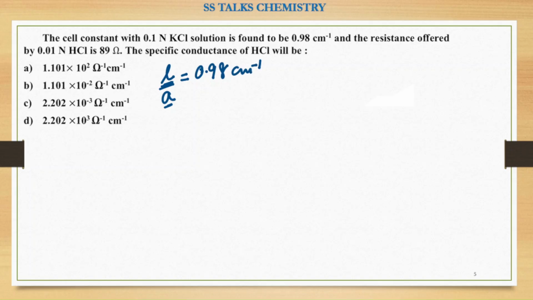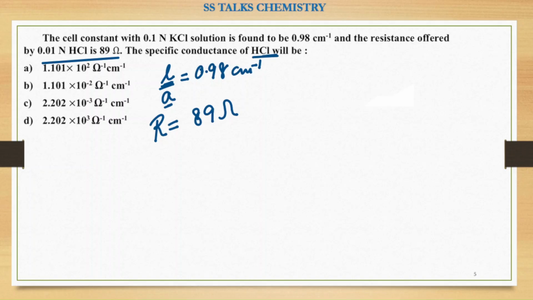The resistance offered by this much normal solution of HCl is this much. So the resistance value is given to us as 89 ohms. What is the specific conductance for the HCl solution?